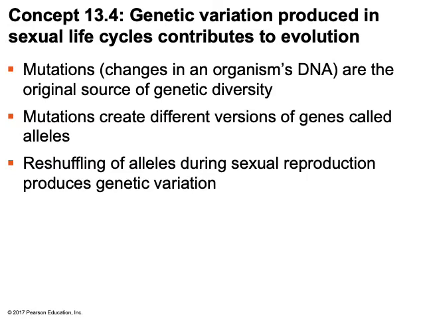And so those are going to be random changes to the DNA. But in addition, we're also going to have reshuffling. That crossing over is going to allow us to reshuffle, mix and match the alleles, the different parts of those chromosomes during meiosis, and therefore also produce or magnify the genetic variation.